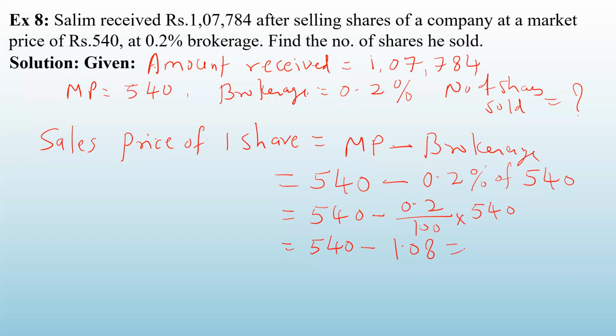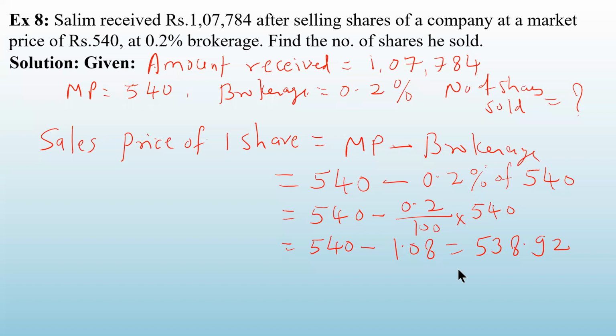When you subtract this from 540, you will get 538.92. Just check whether you are getting the same answer. So the selling price of one share is 538.92. Okay, are you getting this?